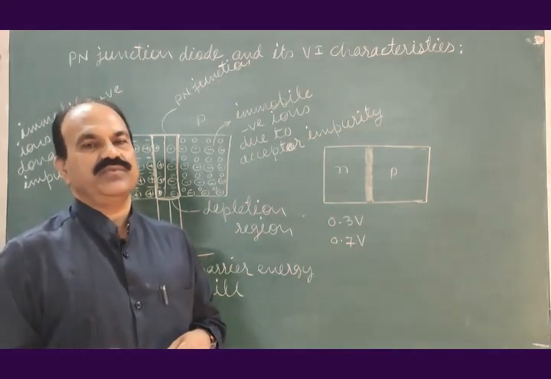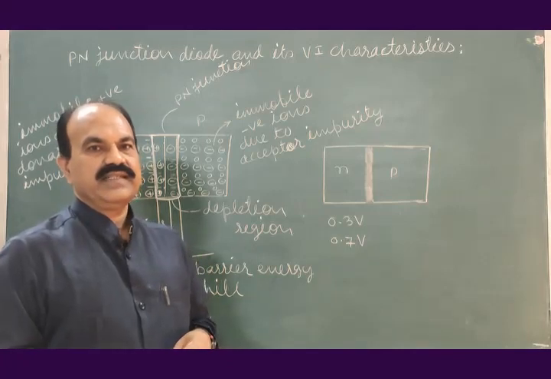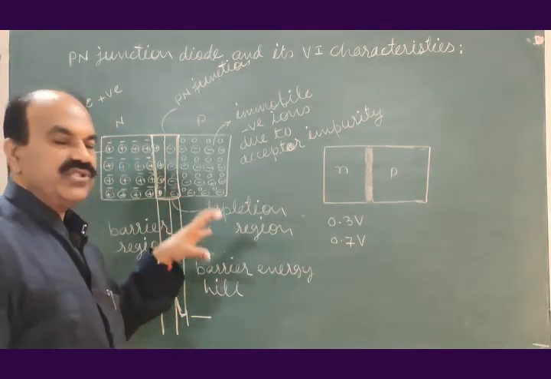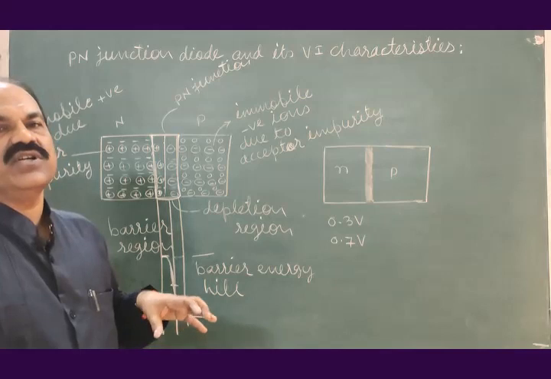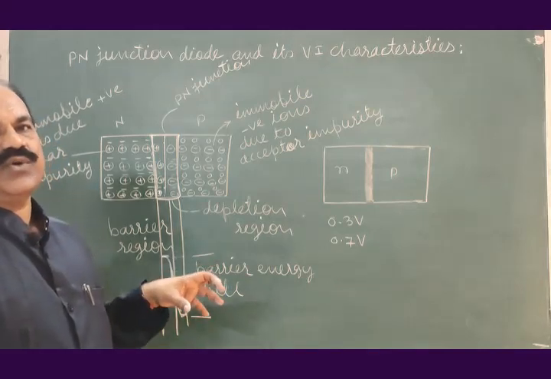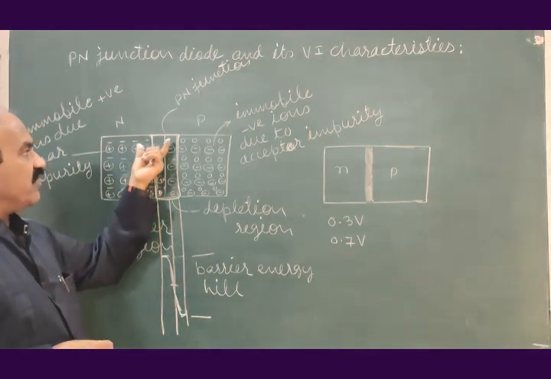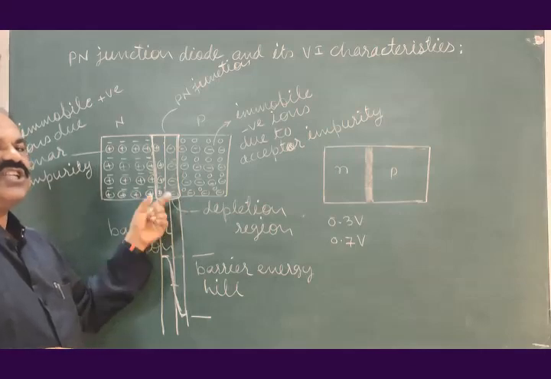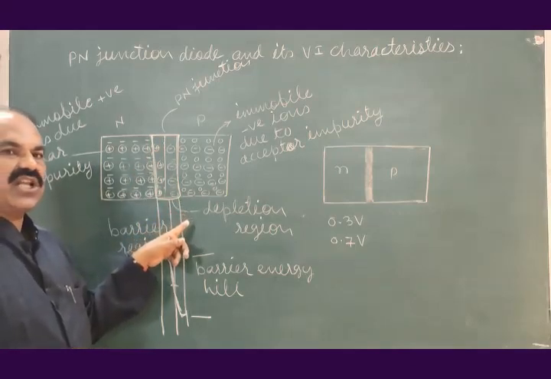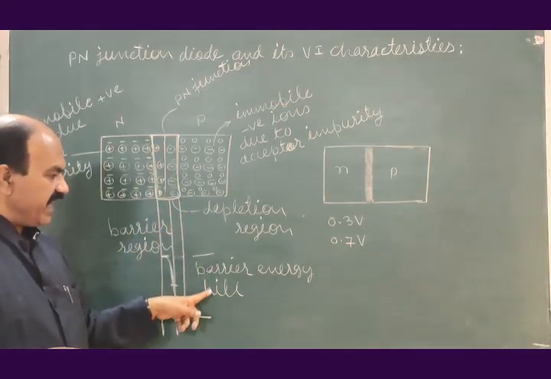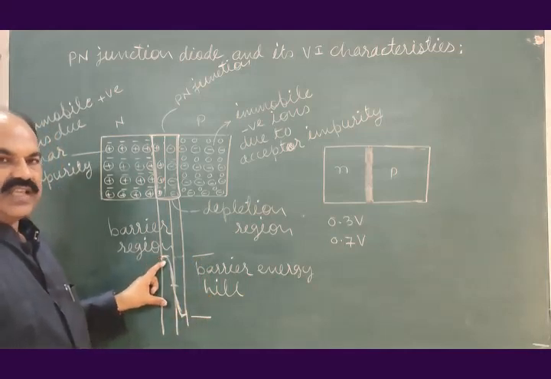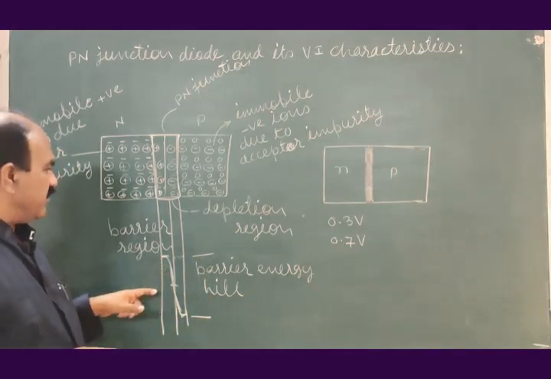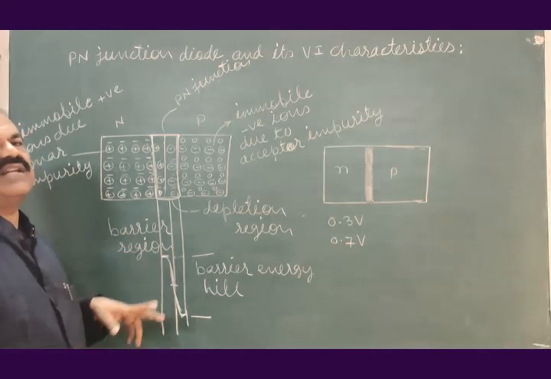It does not allow. This is a rough idea of the construction of the diode and the formation of the depletion region at the p-n junction, and the barrier energy hill in the form of an energy band diagram.